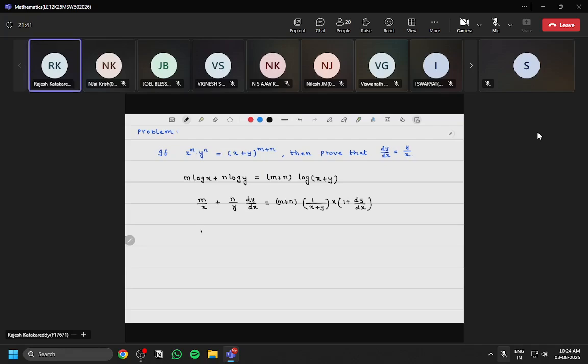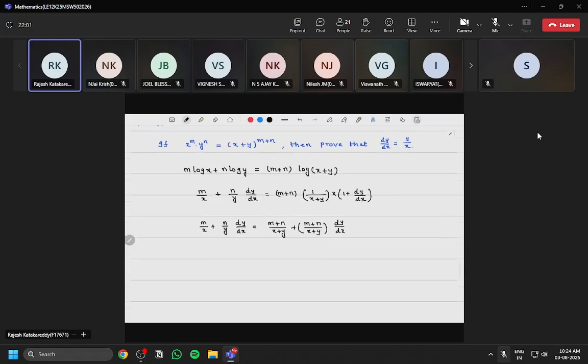So m by x plus n by y into dy by dx is equal to m plus n divided by x plus y plus m plus n divided by x plus y into dy by dx. So I need to find dy by dx.